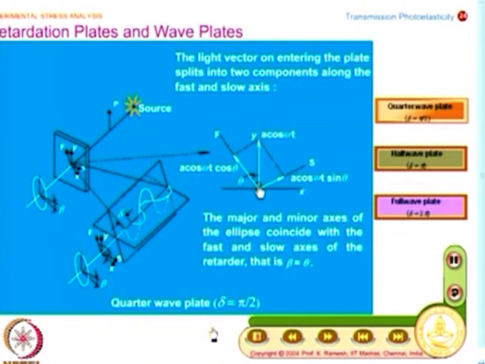If I have these as horizontal and vertical axes, the major and minor axis of the ellipse will coincide with the reference axis, fast and slow axis. So, that is an advantage, and this understanding is very important when we look at an elaborate optical setup, where these optical elements contribute to the formation of different types of fringe pattern.